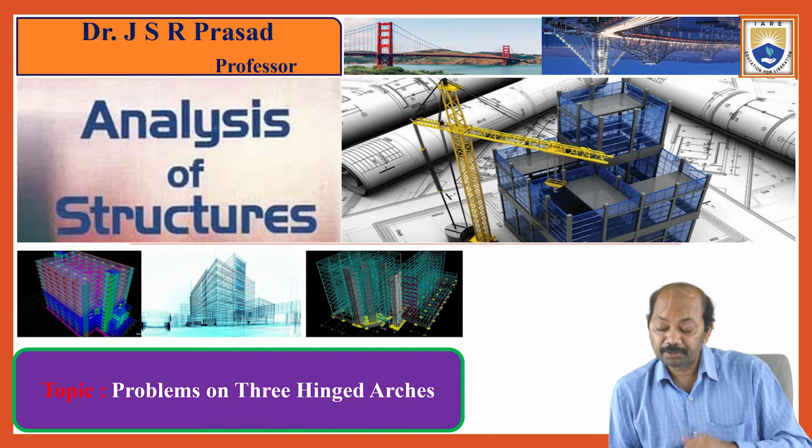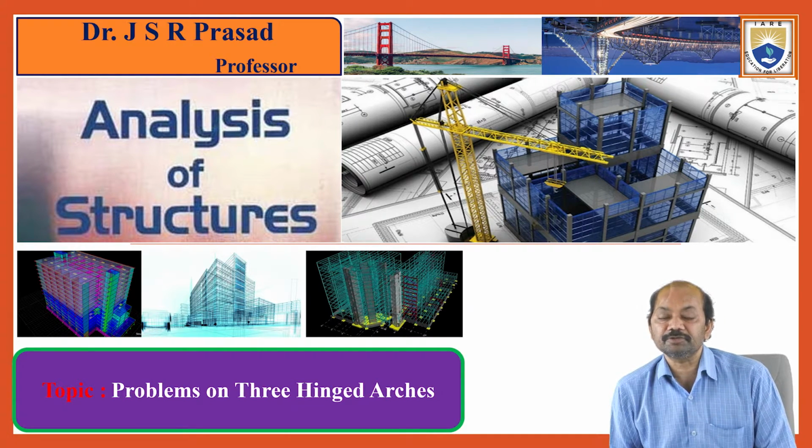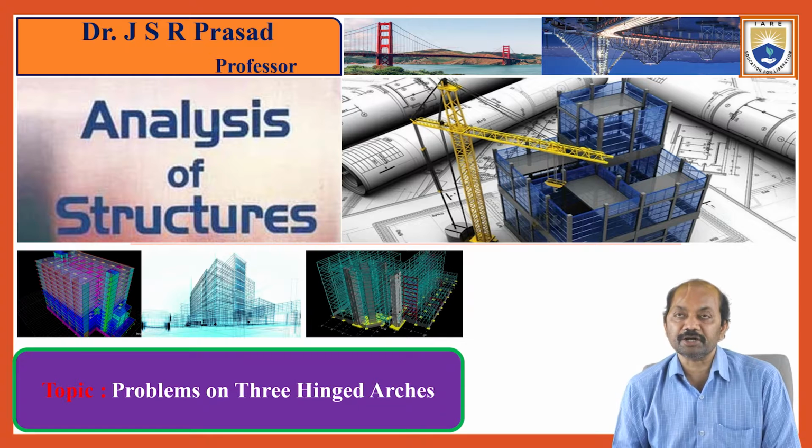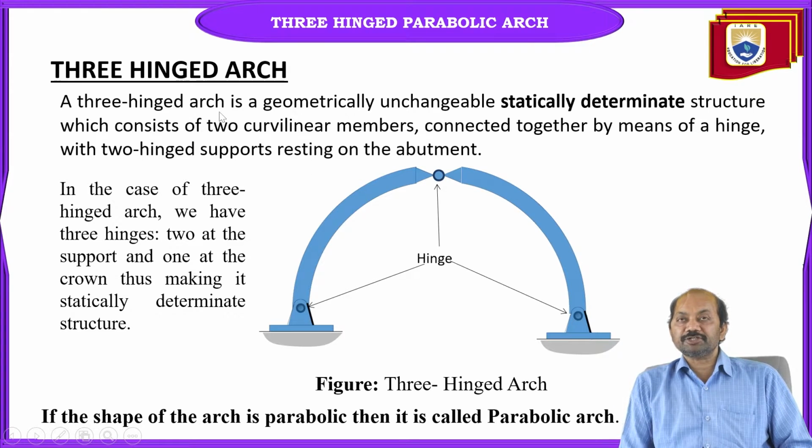Initially, we start with the three-hinged arch. A three-hinged arch is a geometrically unchangeable, statically determinate structure which consists of two curvilinear members. These are the curvilinear members.